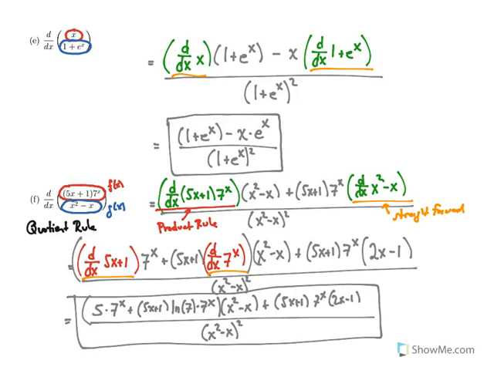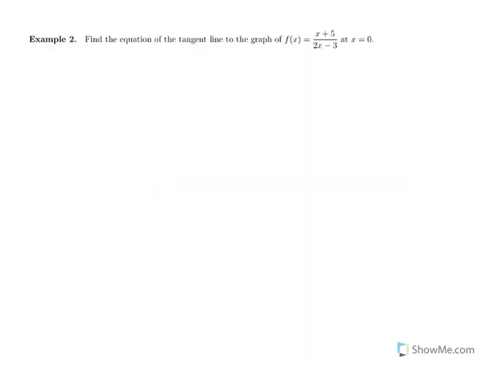And we actually have one more problem to do. So this is find the equation of the tangent line to the graph of f of x equals x plus 5 over 2x minus 3 at x equals 0. So let's remember that the equation of a tangent line is going to be y equals f of a plus f prime of a times x minus a.